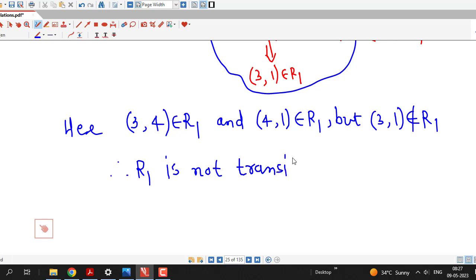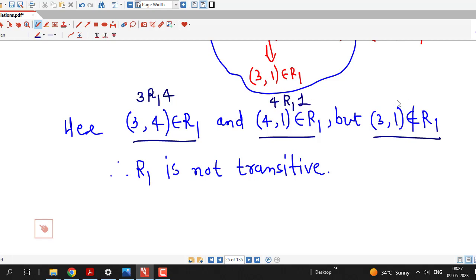So this is the way we can check whether our relation is transitive or not. If you want to prove that your relation is not transitive, then you have to find this type of pairs for which this condition is not satisfied. Here we can say that 3 is related to 4 and 4 is related to 1, but 3 is not related to 1.